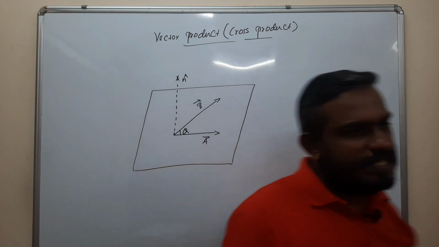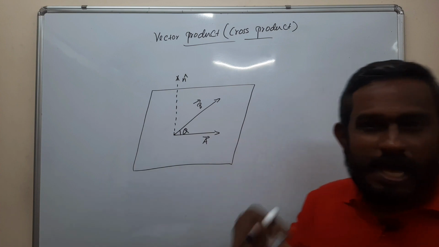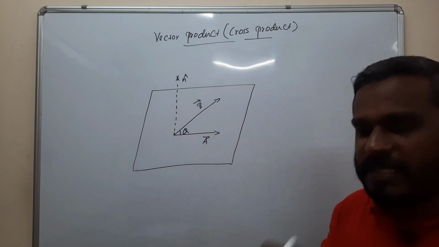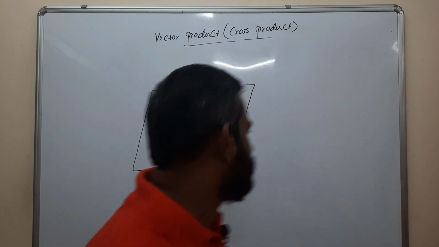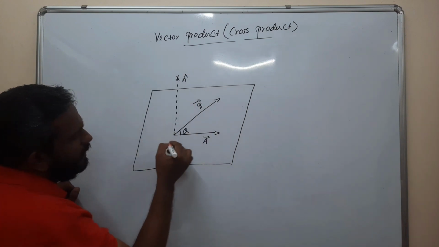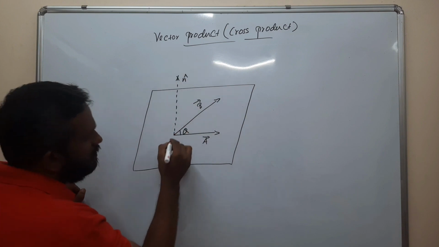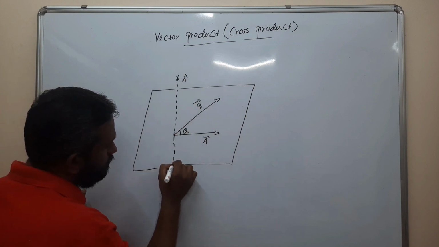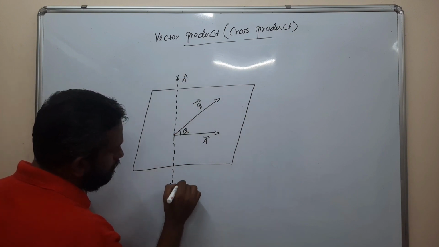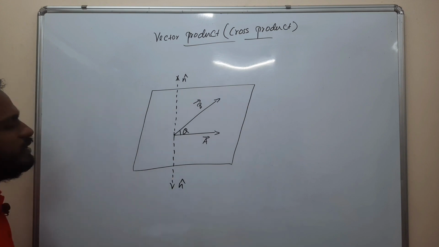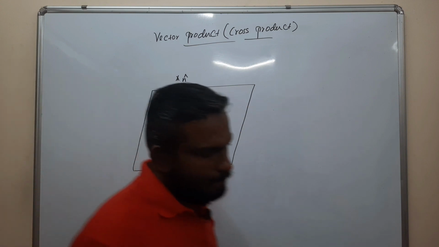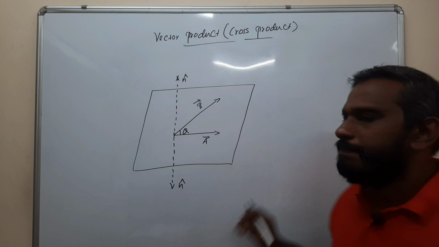So the direction of the n cap unit vector is perpendicular to the plane containing A vector and B vector. Perpendicular to the plane means it can be like this, or it could be like this.